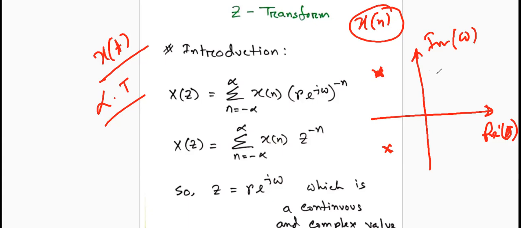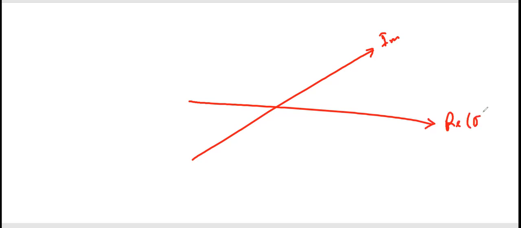Let me draw a small picture like this. This is the imaginary axis and this is the real axis. As your friend already said, this is sigma and this is omega. Let's say these are my poles. Poles means at that location the value is very high.